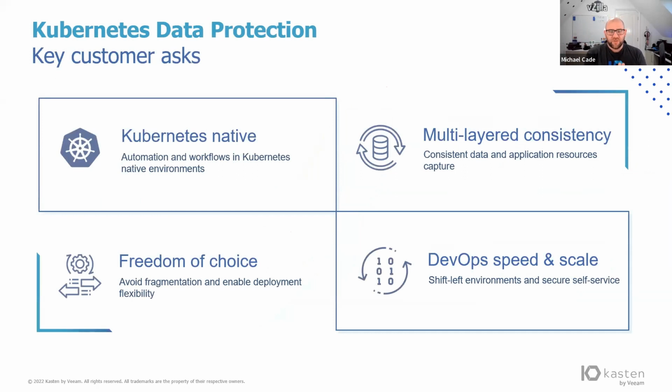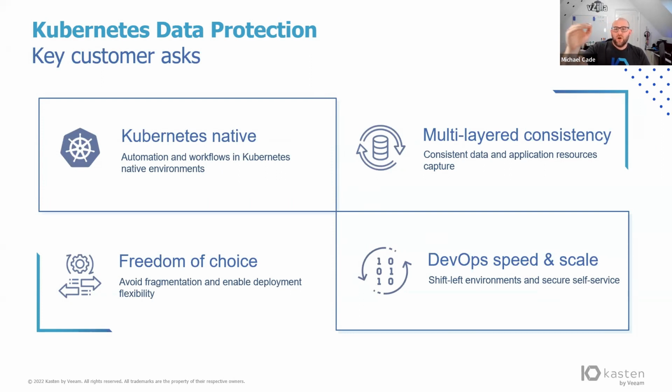So what are the key asks when it comes to data protection? One, it has to be Kubernetes native. I touched on K10 being built into the Kubernetes API as part of the deployment. Another key part is that freedom of choice, both of which I've spoken about already, probably more than enough. Another thing when it comes to data management, and this is really across any platform, and this is probably my Veeam hat on, is that consistency really does matter, especially when you're talking about stateful workloads.